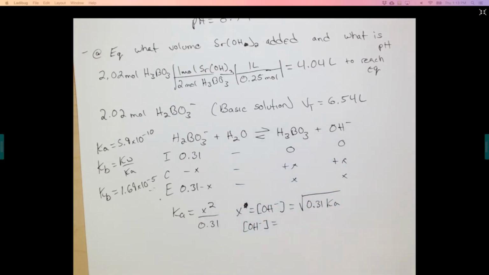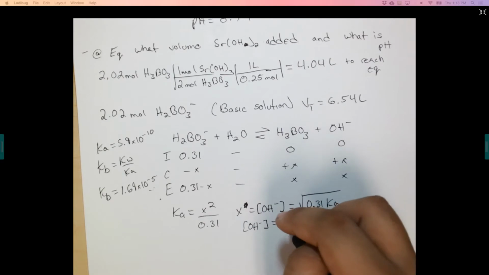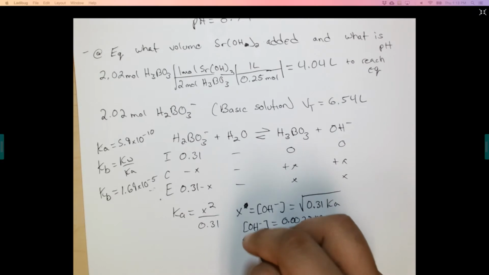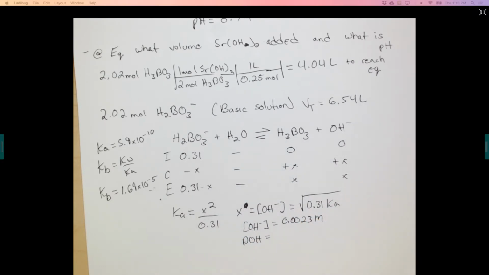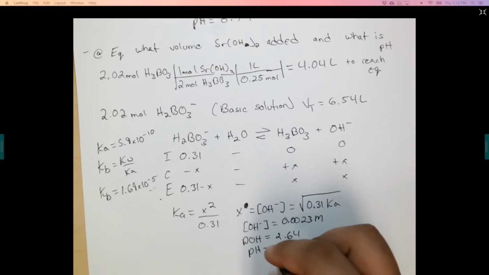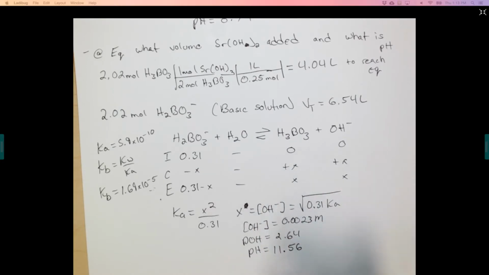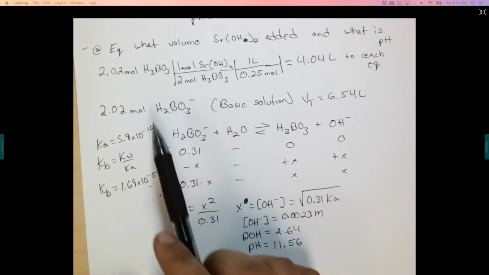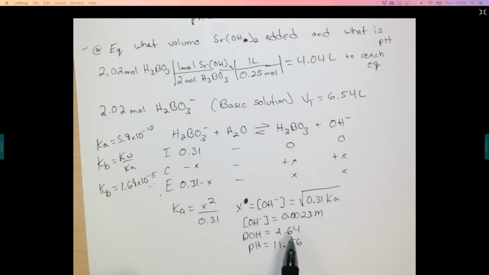Hydroxide is then equal to 0.0023 molar, then the pOH is equal to negative log of that value, which is 2.64, and therefore the pH is equal to 11.56. So the pH at equivalence is basic. This is what we expect for a weak acid titrated with a strong base, right? 11.56.